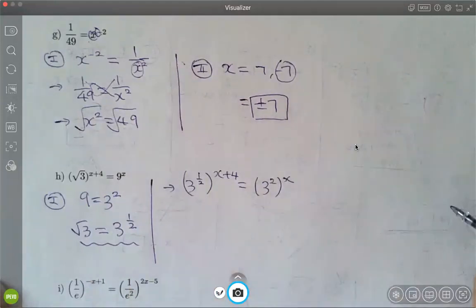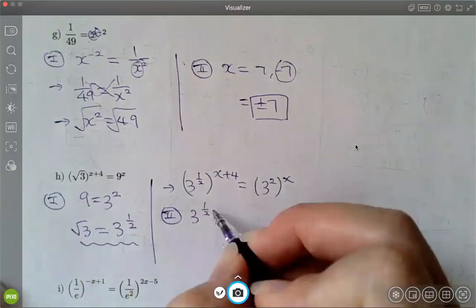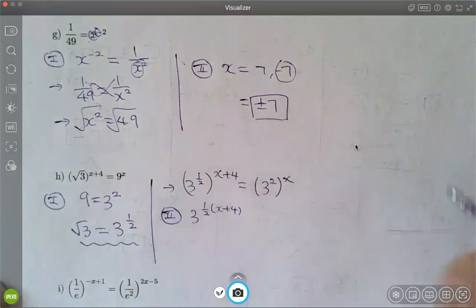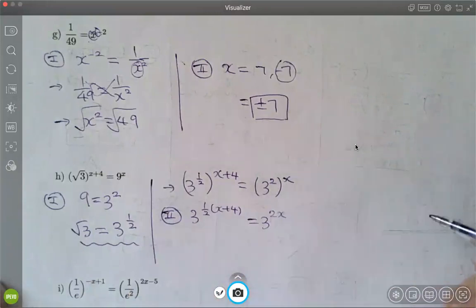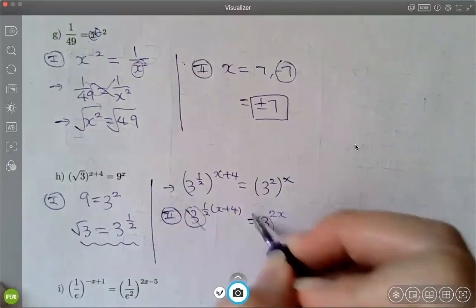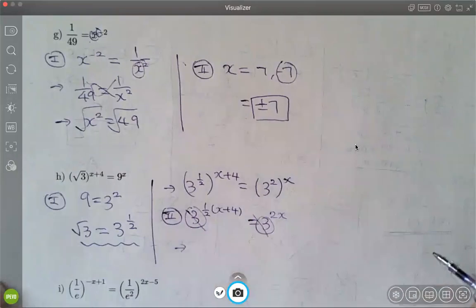Okay, so that means we can multiply the exponents. So we have 3 to the power 1/2 times x plus 4 is equal to 3 to the power 2x. Okay, so bases are the same, so we can just set exponents equal to each other. Now here, we will distribute 1/2, right?